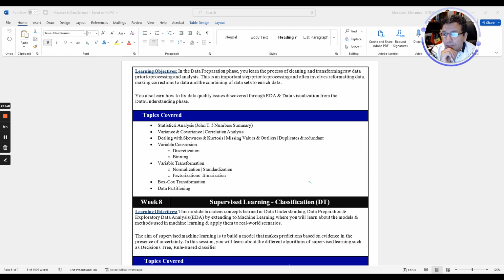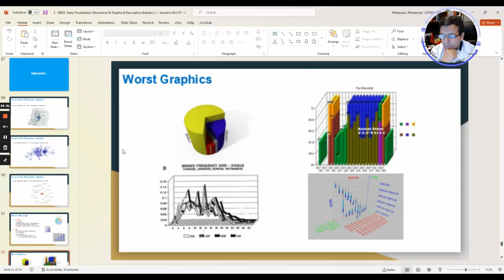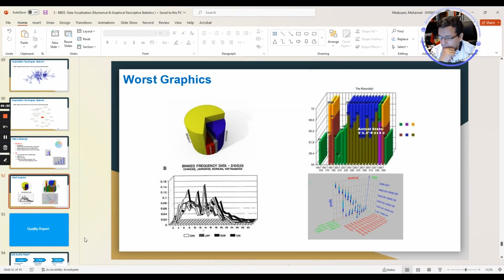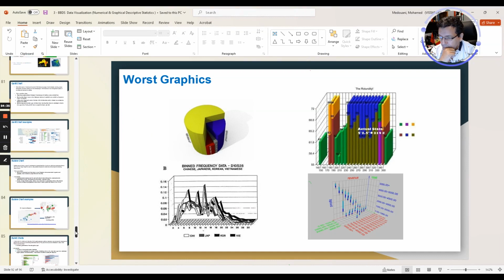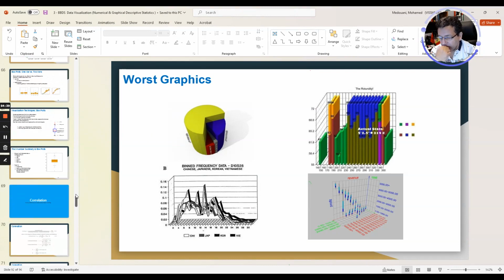For scores, since they are numerical, the best way to present them is histograms and density plots.